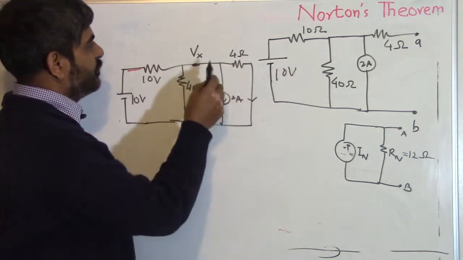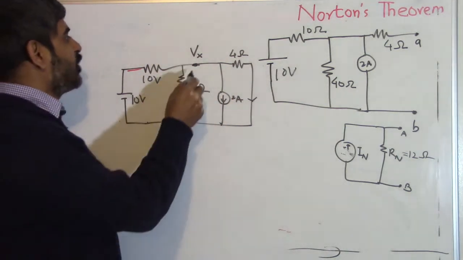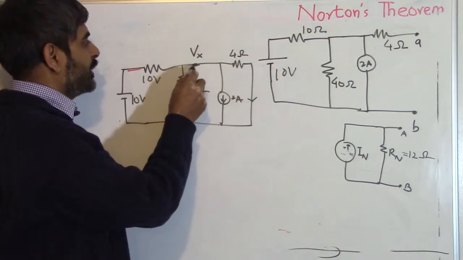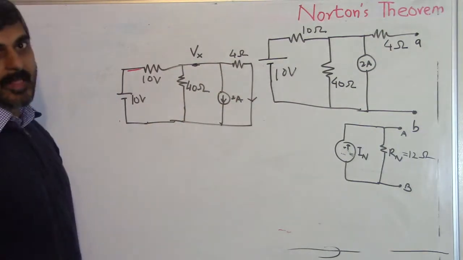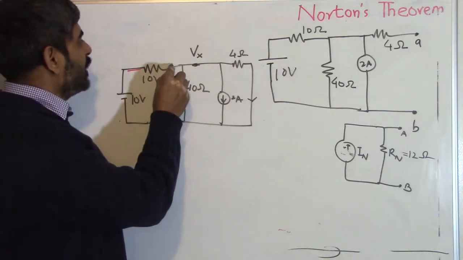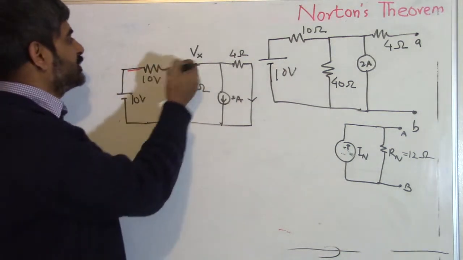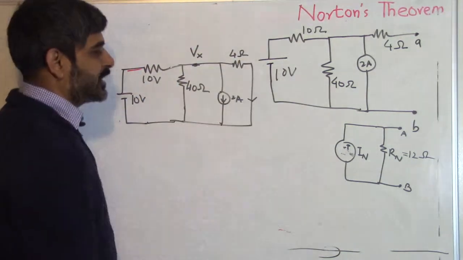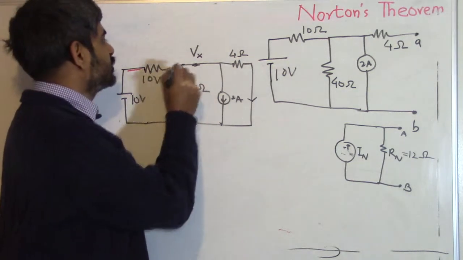Let us assume that the voltage on this node is Vx, and look at the Kirchhoff current law for this particular node. The sum of all the currents, let us say the currents are flowing in this direction, should be 0 on this node.